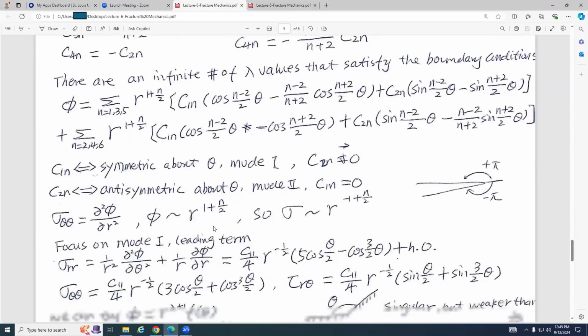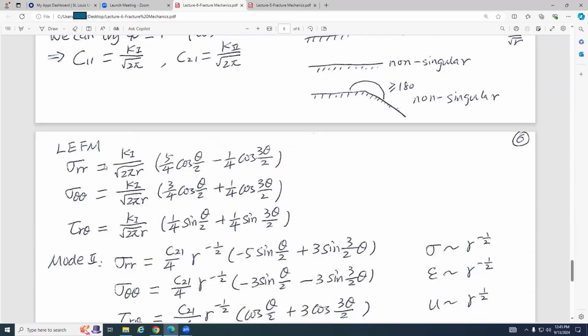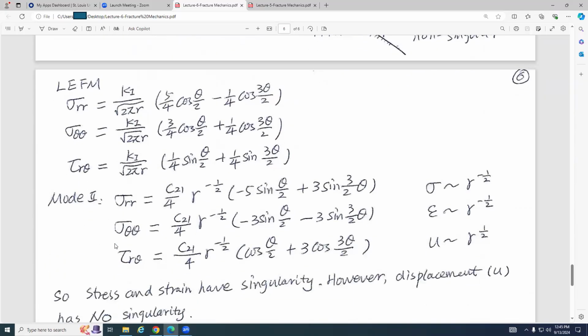And finally, we have this one, sigma r, sigma theta, and tau r theta. For mode 1 and mode 2, you can see sigma is proportional to 1 over the square root of r.